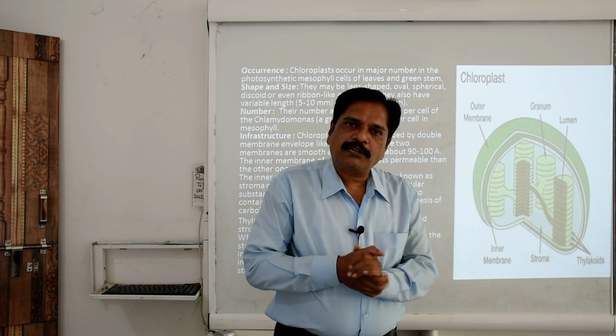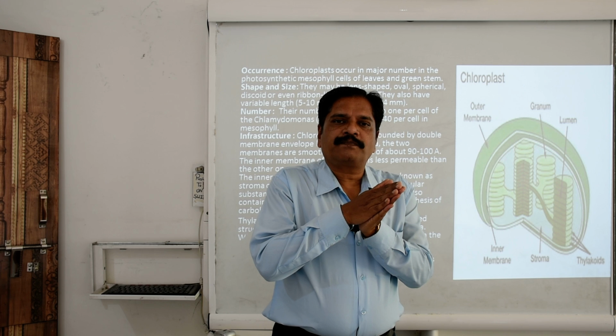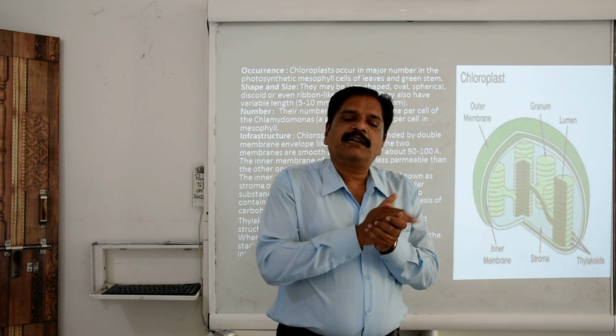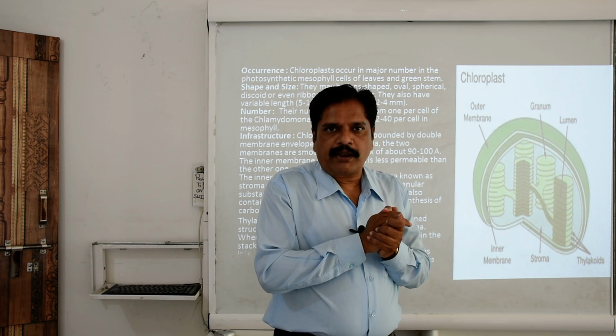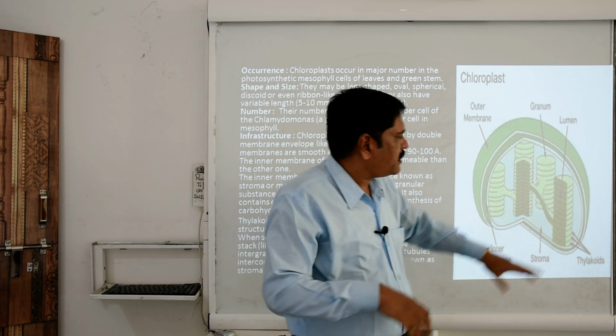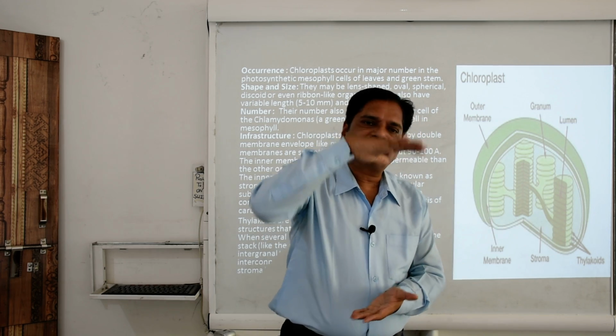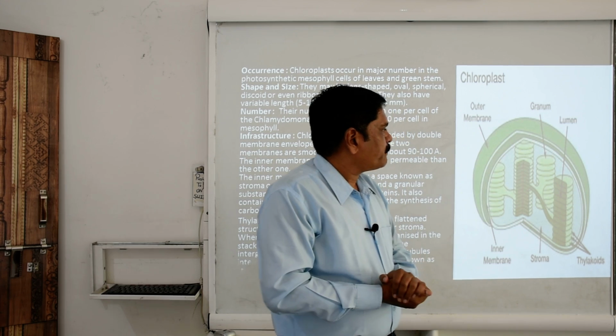This thylakoid is especially the double membranous structure, which contains chlorophyll, that is the pigment inside it, and when they are in the form of a stack, that is called the granum. Clear?